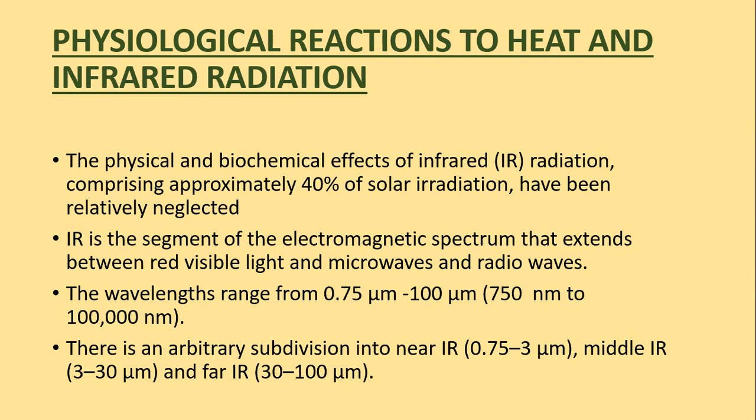There is an arbitrary division into near infrared, middle infrared, and far infrared. Near infrared is 0.75 to 3 micrometer. Middle infrared is from 3 to 30 micrometer, and far infrared is 30 to 100 micrometer.